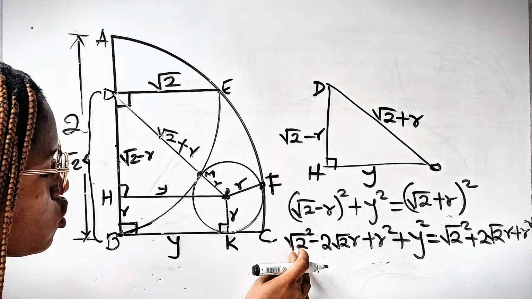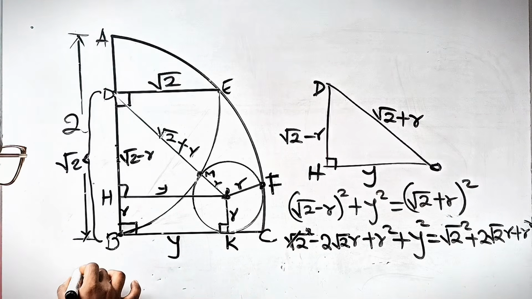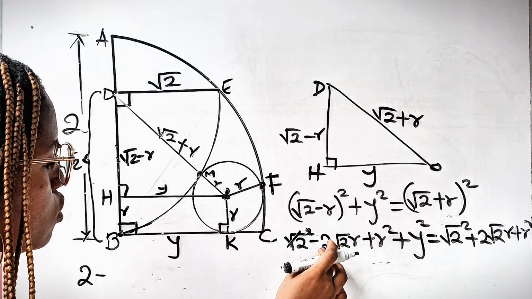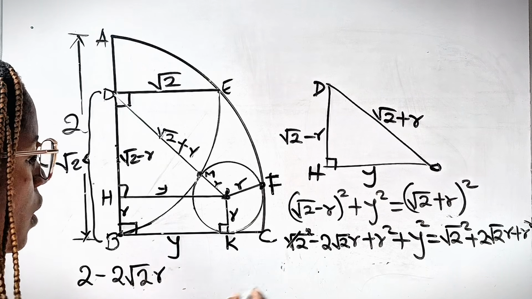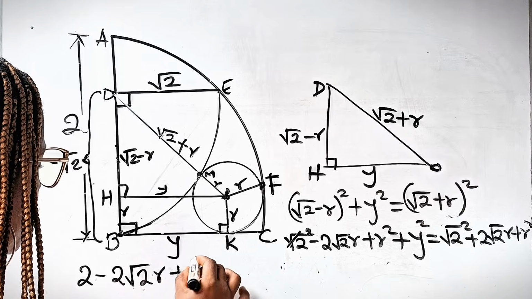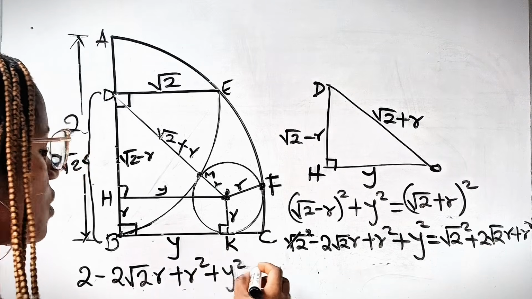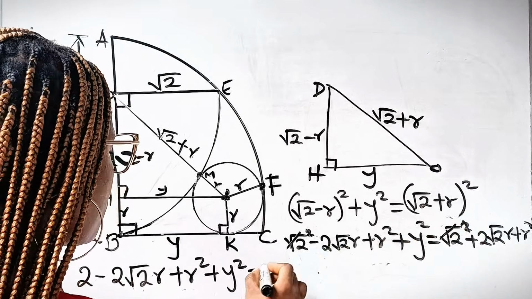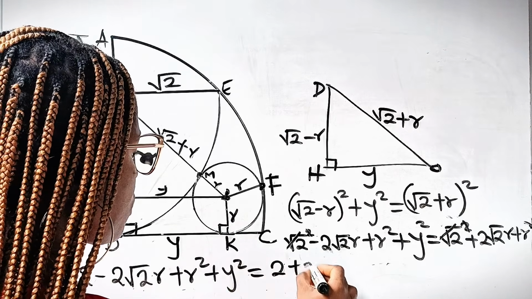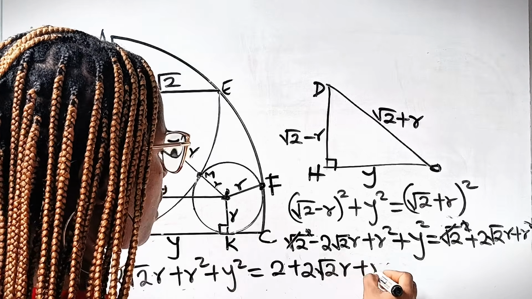So now we have root 2 squared. We remove this, we have only 2. So we have 2 minus 2 root 2R plus R squared plus Y squared is equal to root 2 squared, which is also 2, plus 2 root 2R plus R squared.